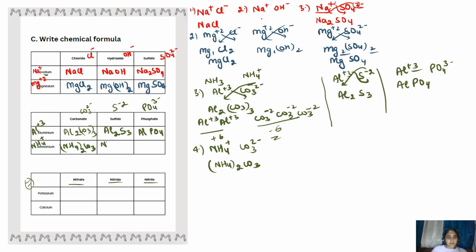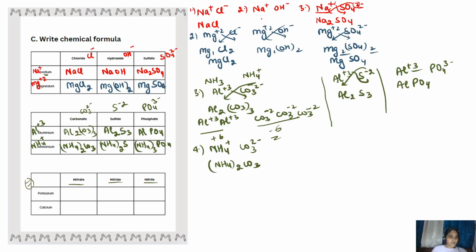Again I am writing here ammonium sulfide, and ammonium phosphate. Just cross multiply the powers.